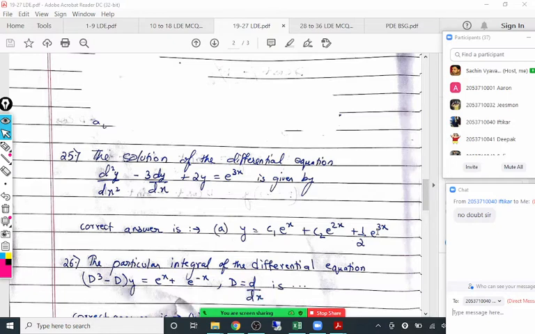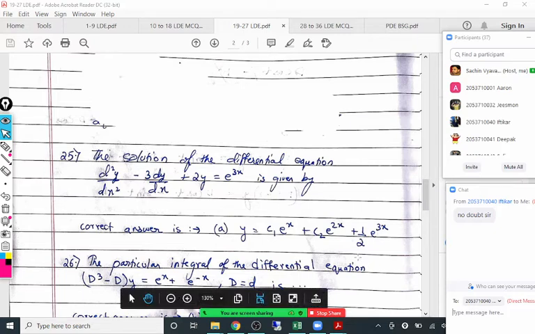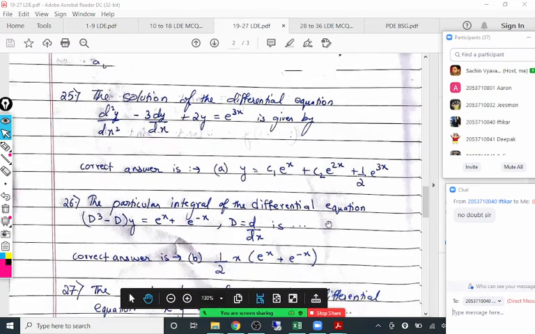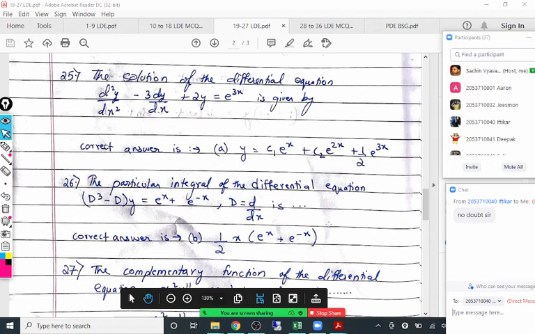It may happen that the question comes from this textbook and is selected, and you should know that the complete solution is asked, and you have to highlight the correct answer. So LHS gives you the CF and RHS gives you the PI. Then you can proceed there.